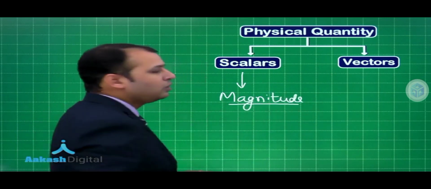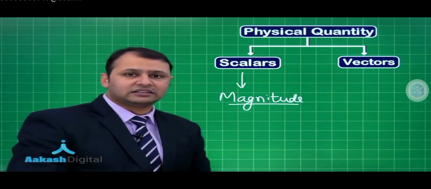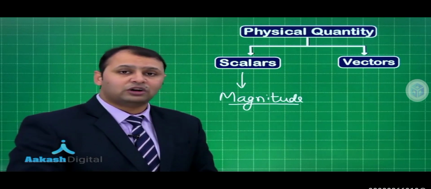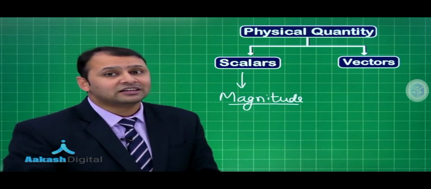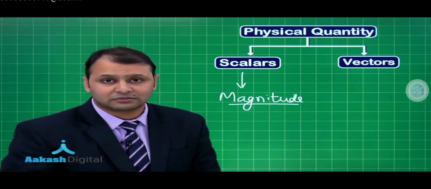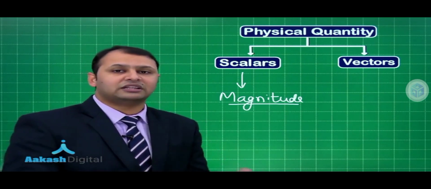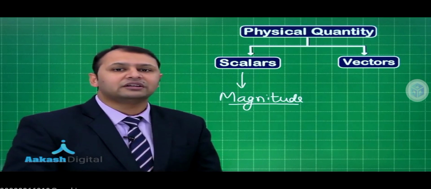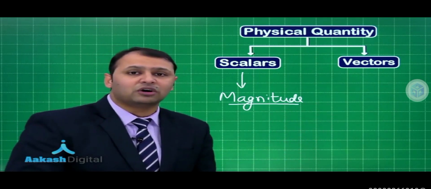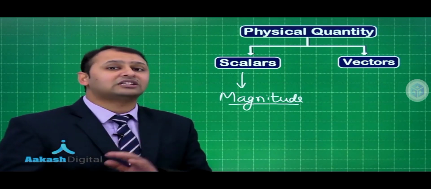Whereas when you talk about vectors, 4 meters along north and 3 meters along east will not make it 7 meters. It will be 5 meters of displacement along somewhere northeast, maybe, or some angle with the east, but somewhere in between north and east. So that is not precise. That does not involve only magnitude, that involves direction as well.